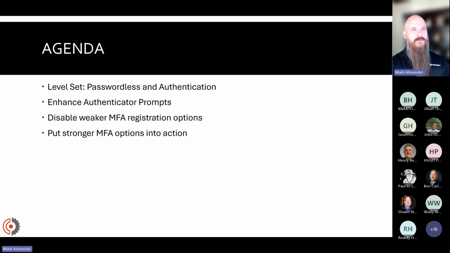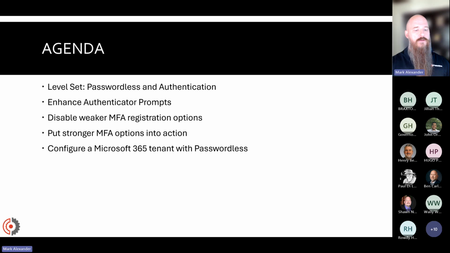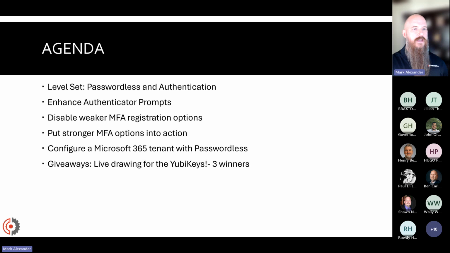And in addition to that, we'll put some stronger MFA options into action. And then we're actually going to talk about enabling passwordless capabilities with Microsoft Authenticator for your tenant that you may not be aware of that you can actually do today. And then at the end of this presentation, we're going to give that live drawing for the YubiKeys. We're going to have 3 winners today.